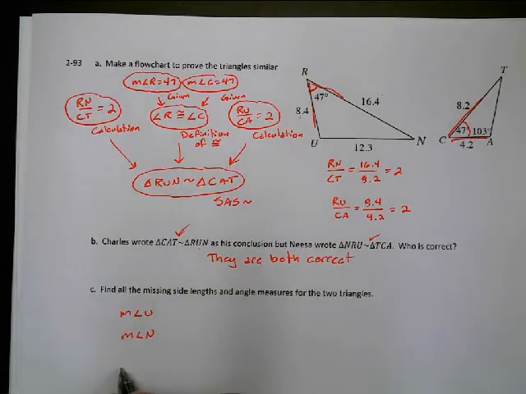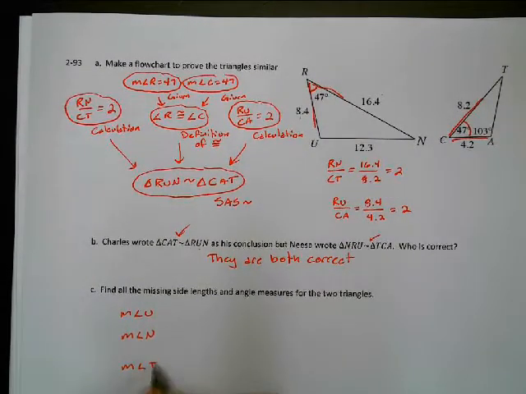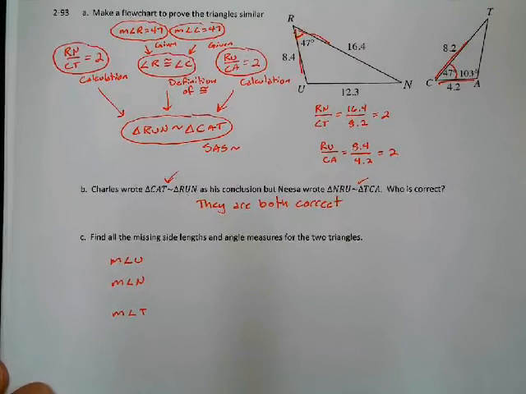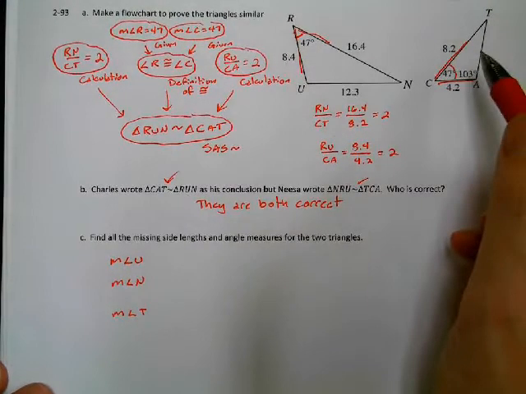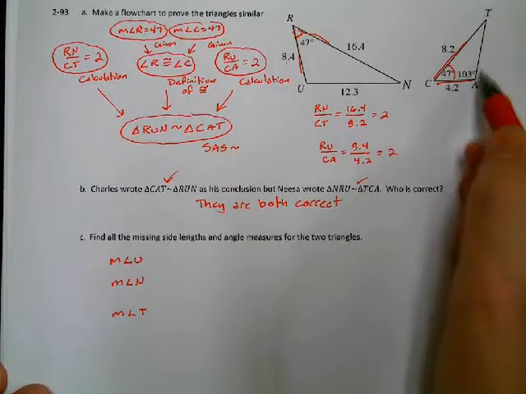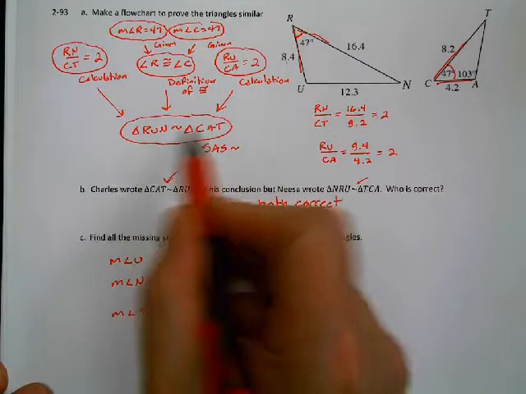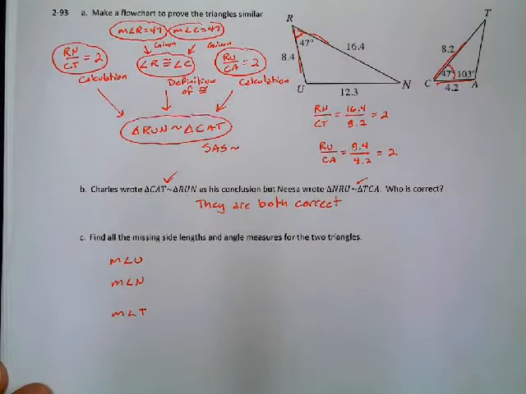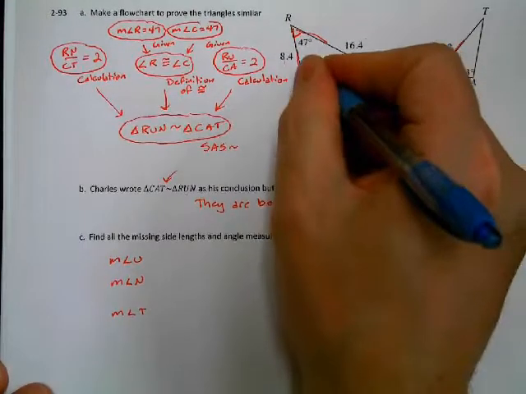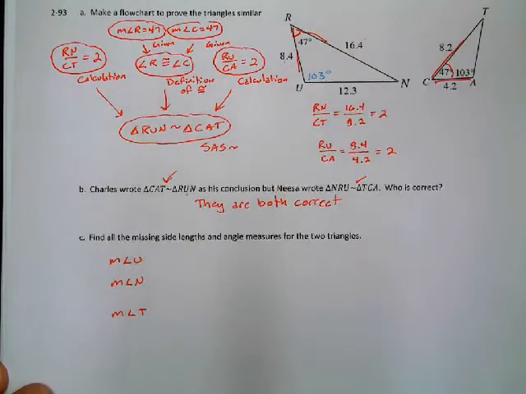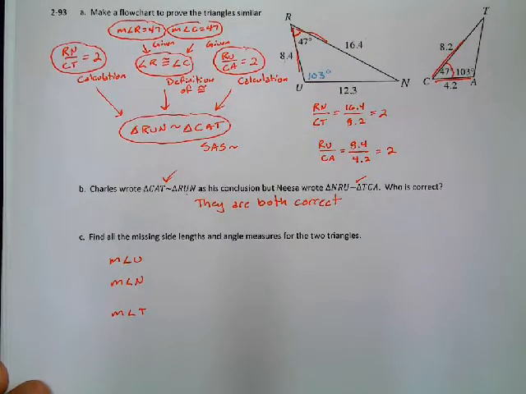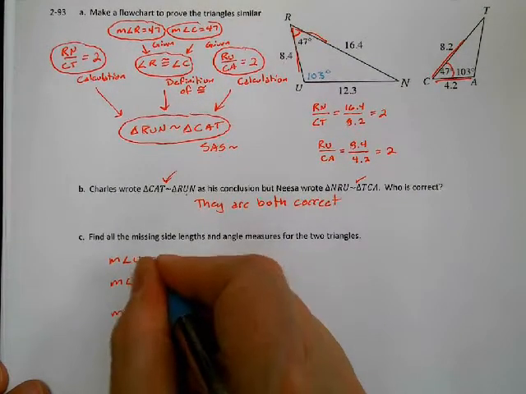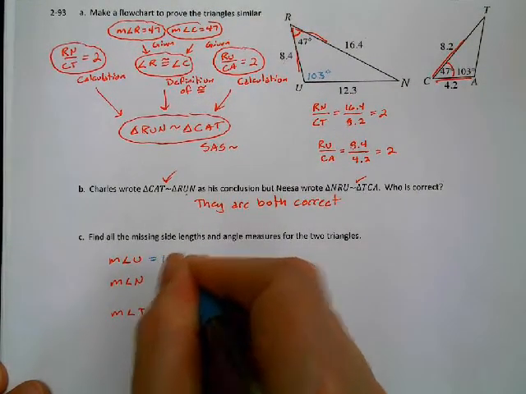So over here, A was 103, and we said A and U correspond to each other. So U has to also be 103 because the corresponding angles are congruent in similar shapes. So U would be 103. And now using triangle sum theorem, I can find out how many degrees this one should be.